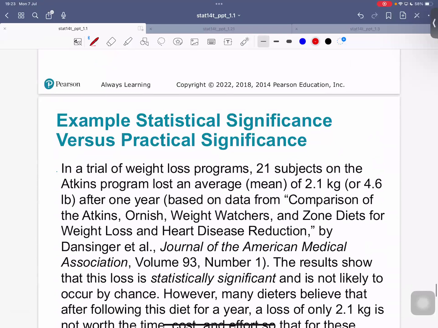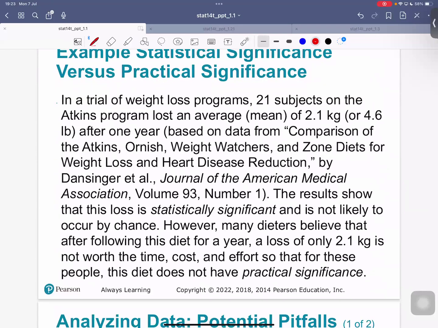Everybody's on this diet for 1 year, and they only lose a mean of 2.1 kilograms on average.